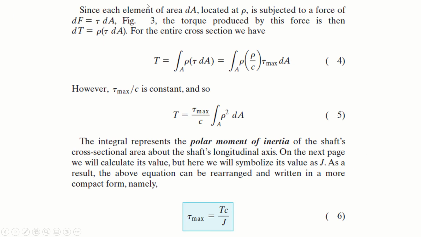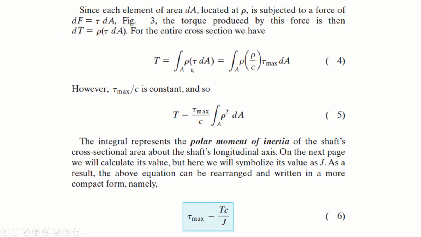Therefore, the force is equal to area into shear stress, and the torque produced by this force is then equal to ρ times the force. The force dF into ρ will equal the torque produced.